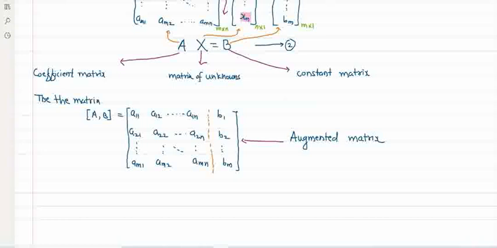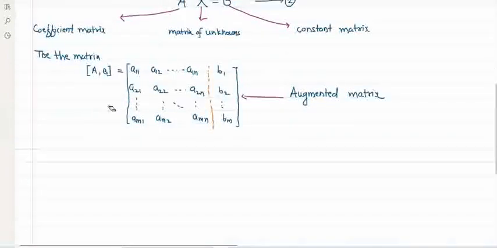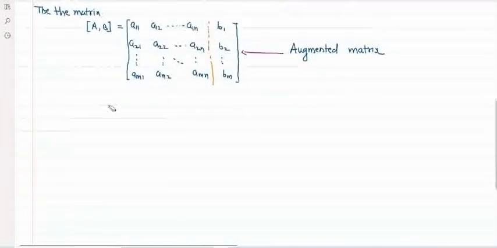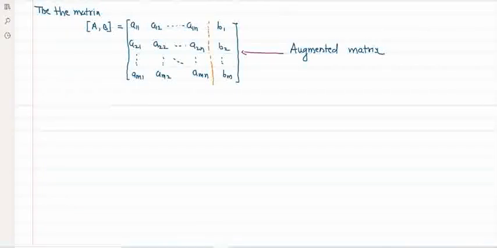Okay. So up to this only we have seen some definitions and how to represent the matrix. Now the question arises. I will start with some simple examples. Suppose you are given one set of examples, that is x plus 3y is equal to 4, and 3x plus 9y is equal to 1.